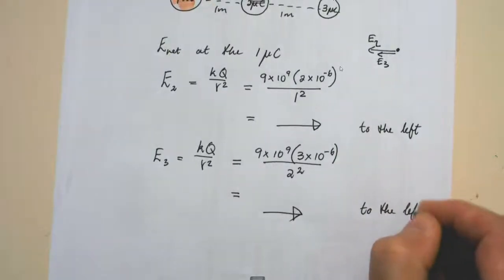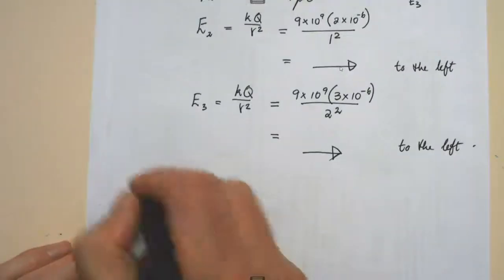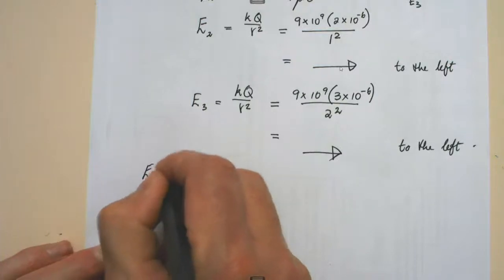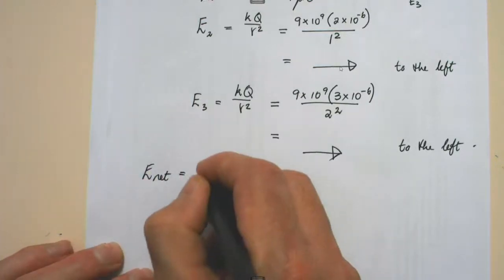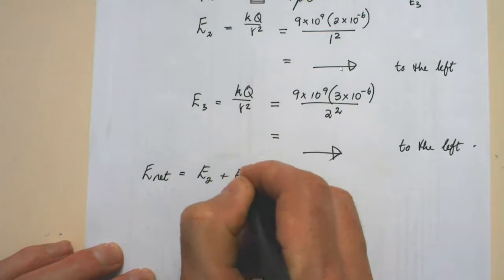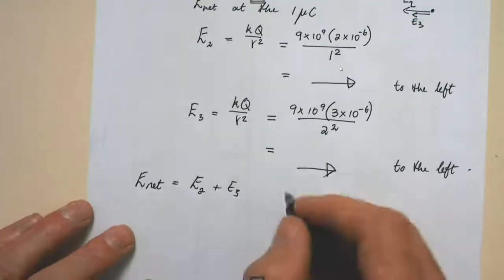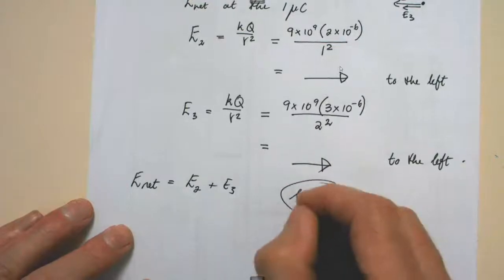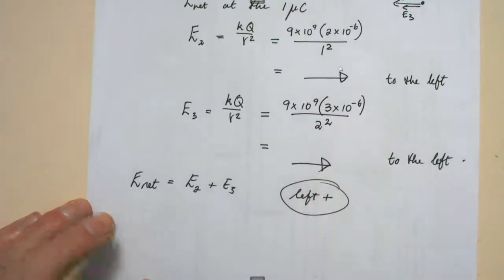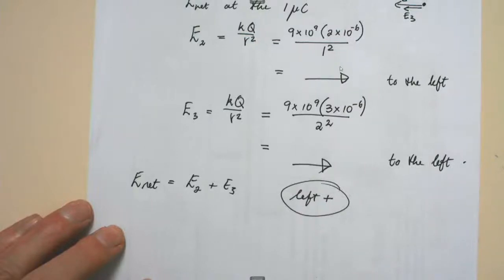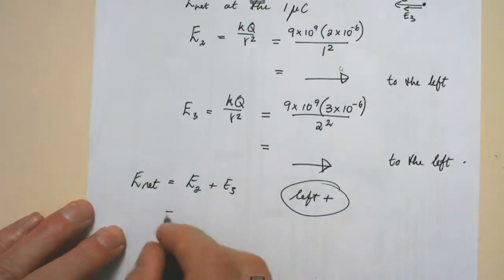So now to get E net, I know it will be E2 plus E3, that's the two electrical fields in that space. And I'm going to choose my direction as left as positive because I've got two answers which are already to the left. So I will substitute those two answers.